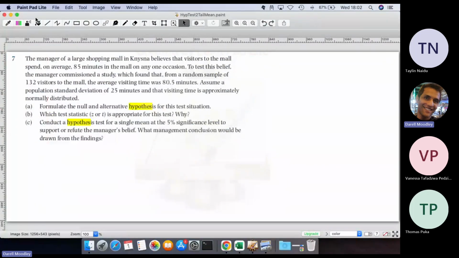So what is hypothesis testing all about? The word hypothesis is basically a theory, an idea, and you want to test whether that theory is true, but based on data.